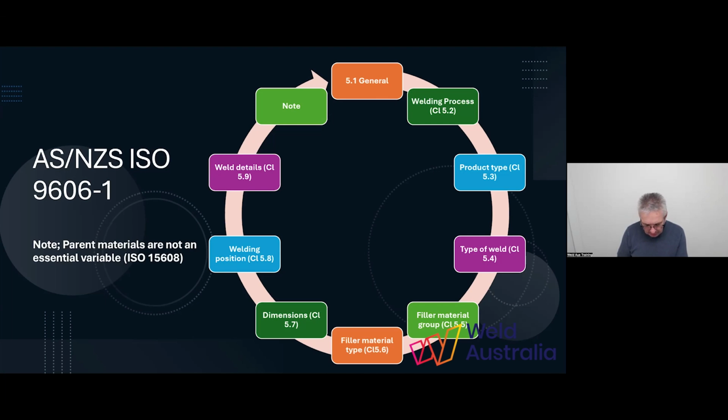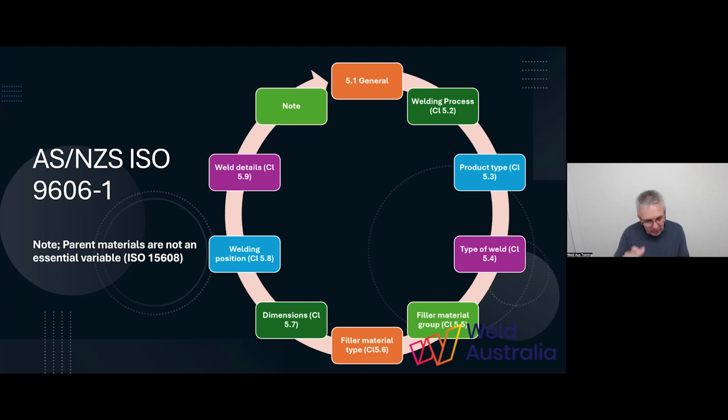Then the type of weld, is it a butt weld, a fillet weld? Then 4, the filler material group or parent metal group. 5 should be the filler material types. And then 6, the dimensions of the test piece. 7, welding positions, and then weld details. So that's the order that should be designated on the actual document.